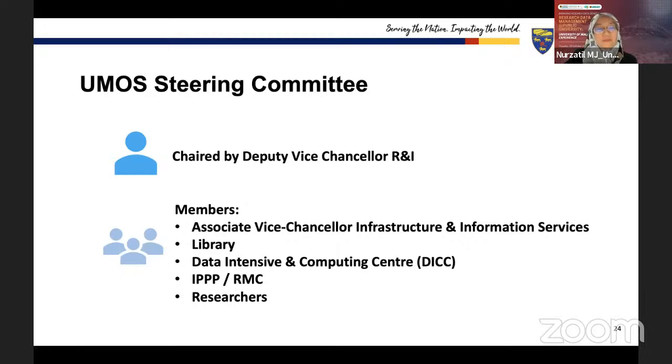Then we have the head of the Data Intensive and Computing Center, which provides technical support for the repository. We have the IIUP, or what we call the Research Management Office, or RMC, in some universities, and we also have researchers joining as members. So this is the composition of our steering committee at the moment.